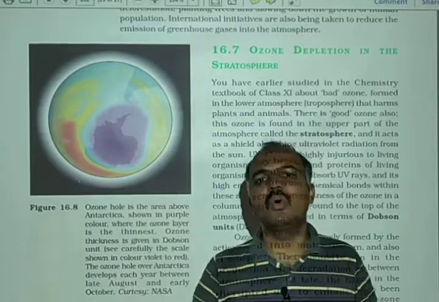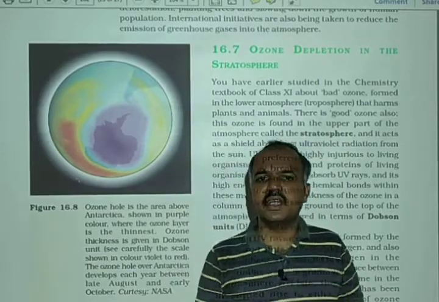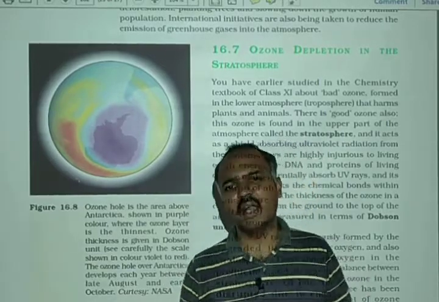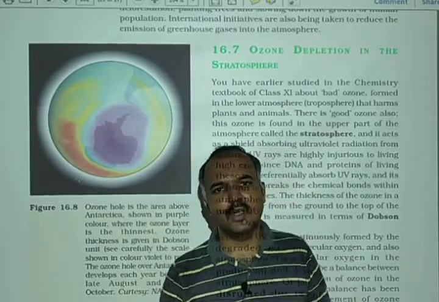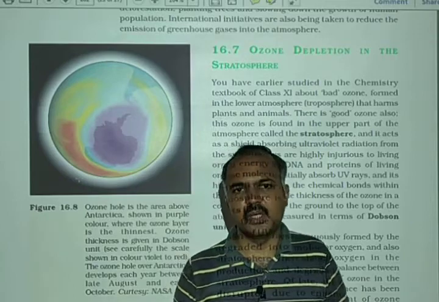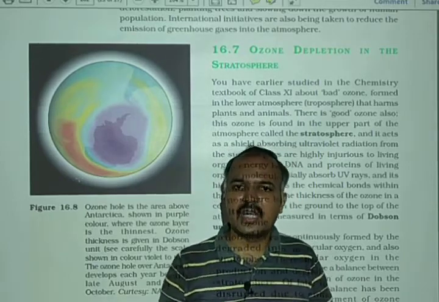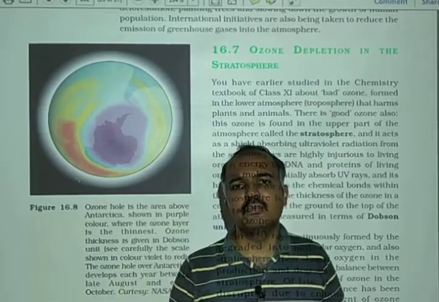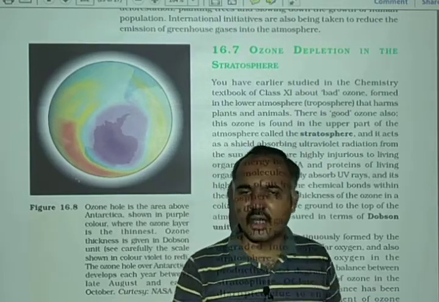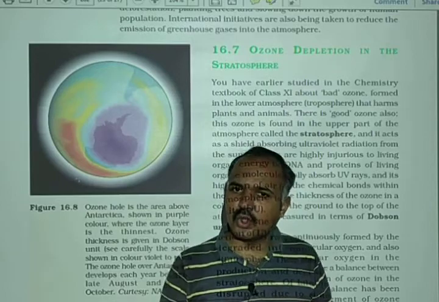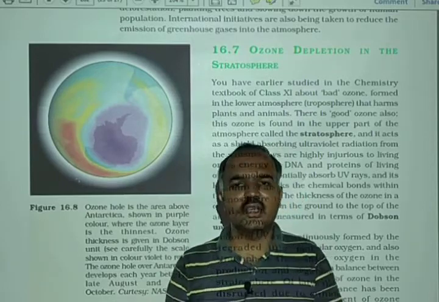But there is a good ozone also that is present in the stratosphere layer of the atmosphere, and that ozone protects all organisms from harmful UV rays coming from the sun. So there are two types of ozone: good ozone and bad ozone.